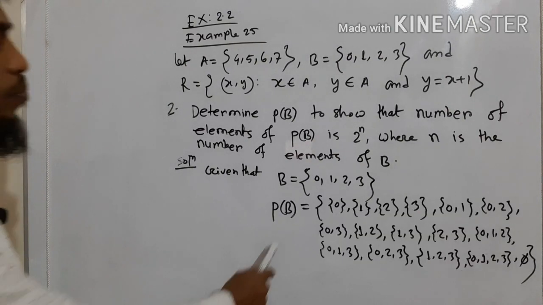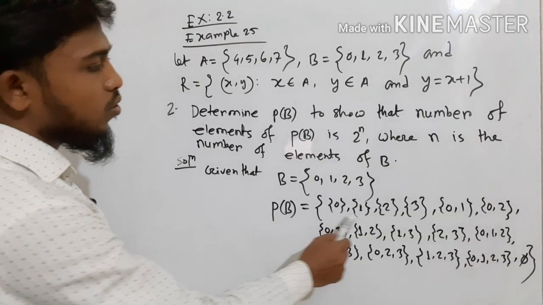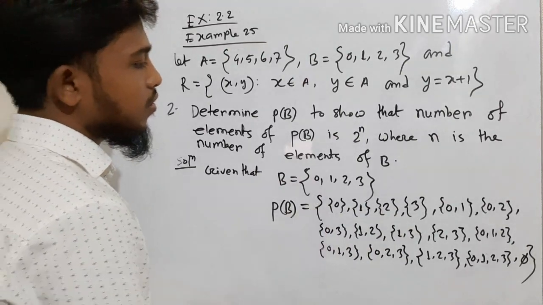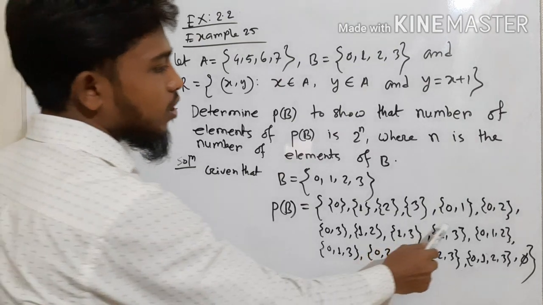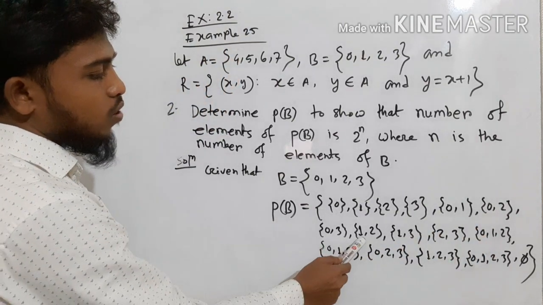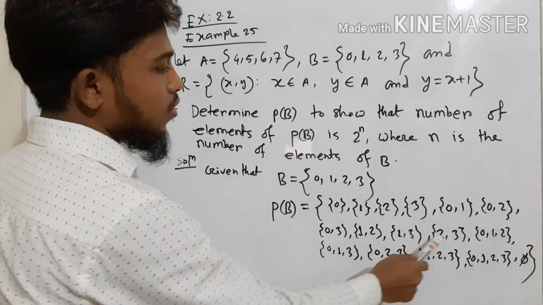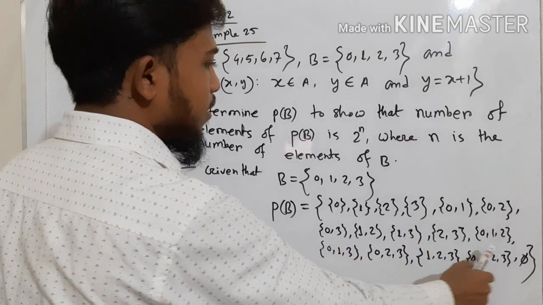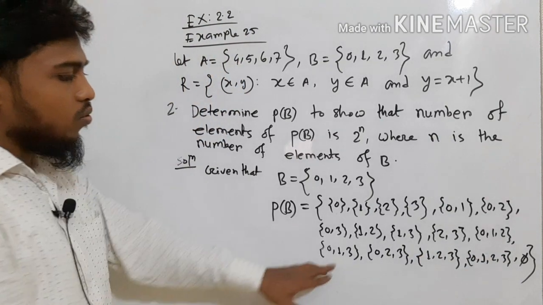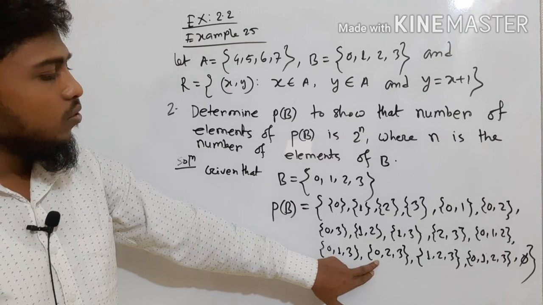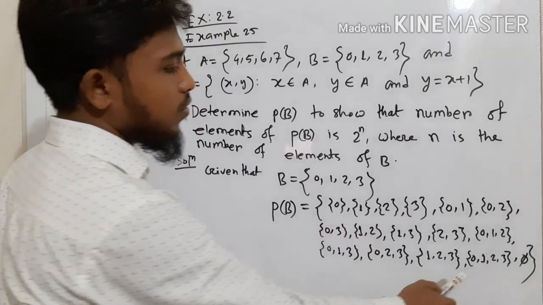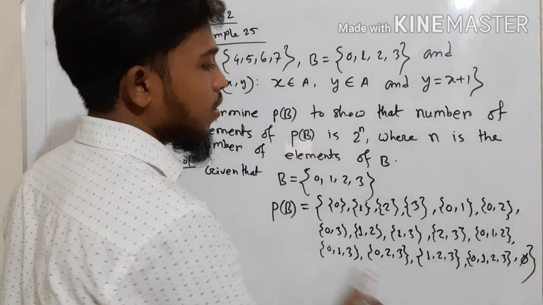So P(B): first take one element from set B, then two elements: 0,1; 0,2; 0,3; then 1,2; 1,3; then 2,3. Then three elements: 0,1,2; 0,1,3; 0,2,3; 1,2,3. Then the four elements 0,1,2,3 and the empty set.